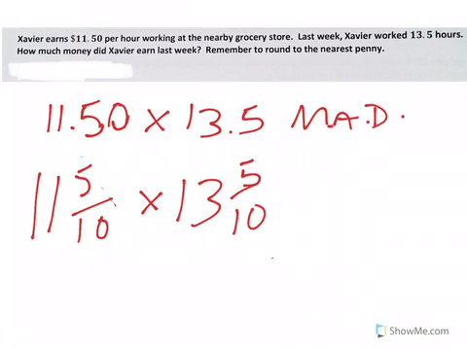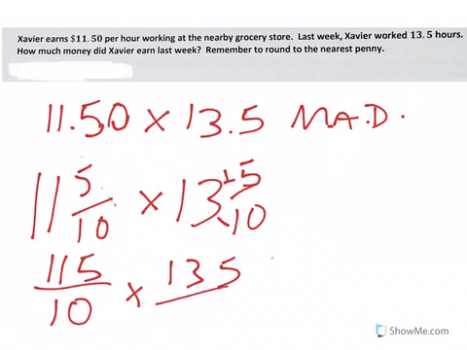Multiply, add, and then the denominator stays the same. So we end up with 11 times 10, which is 110, plus 5, which is 115, and our denominator stays the same, times 10 times 13 is going to be 130, plus 5 is 135. Denominator stays the same, so it's 10. We end up with 10 times 10, which is 100.